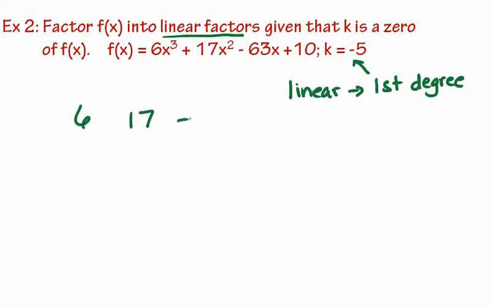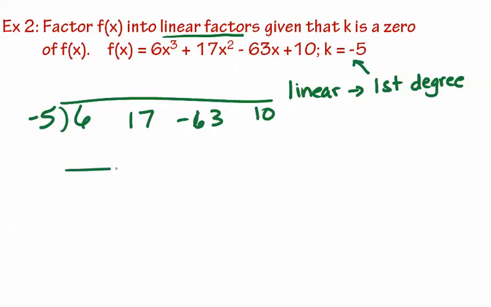So what these directions are telling us is that when we do synthetic division by negative 5, we should expect a 0 remainder, because the directions tell us that negative 5 is a 0 of the function. So let's check it out and make sure.